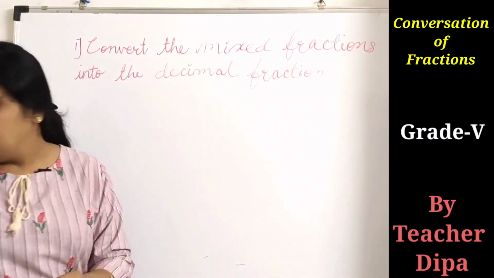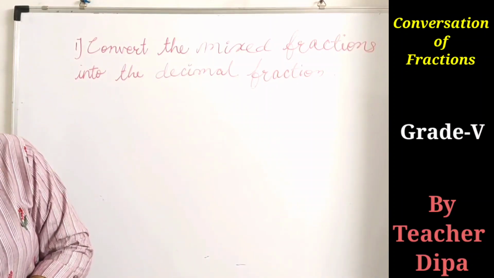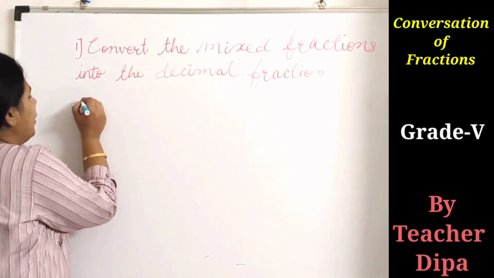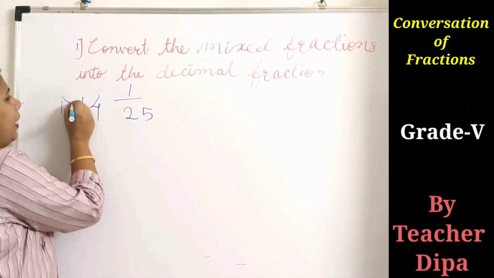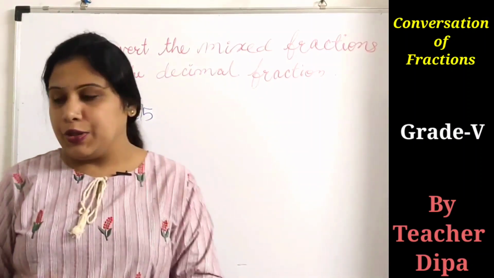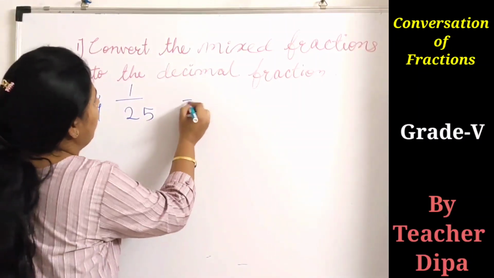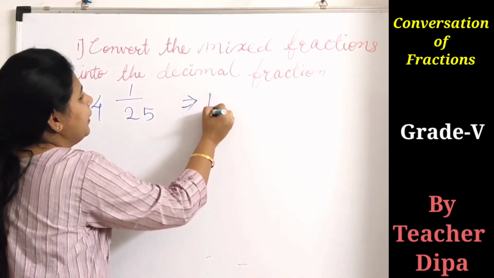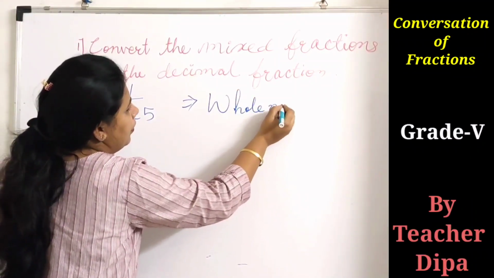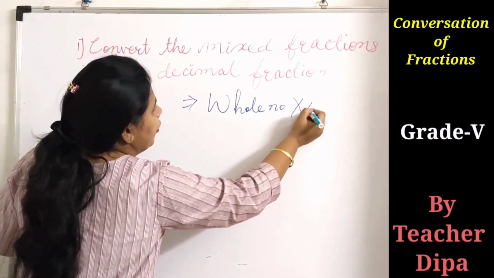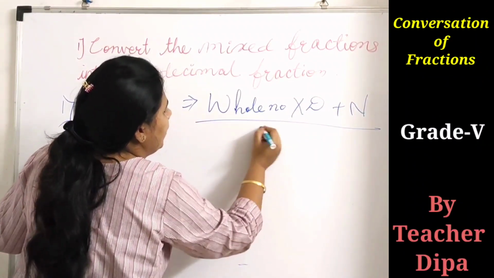How to convert the mixed fraction into the decimal number. For that I am having one more example, that is 14 and 1 upon 25. This is my mixed fraction. So as per our formula, we need to multiply the whole number to the denominator and add the numerator in that, and our denominator will be as it is.